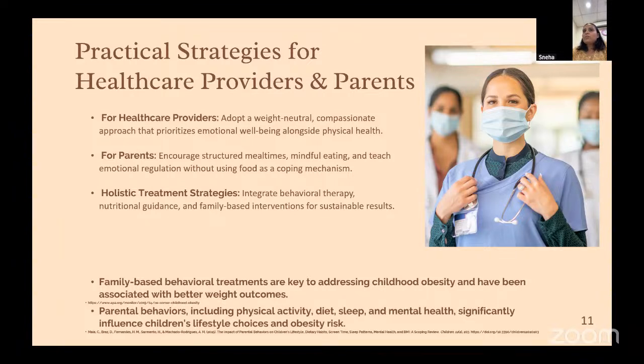So holistic treatment strategies are also very important, wherein everyone's role becomes important. As Monica ma'am and Rahul sir mentioned before, pediatric endocrinologist, pediatric gastroenterologist, pediatric psychiatrist, dietitian, physiotherapist, and for children with neurodevelopmental disorders, occupational therapists. So it has to be the whole team, right?